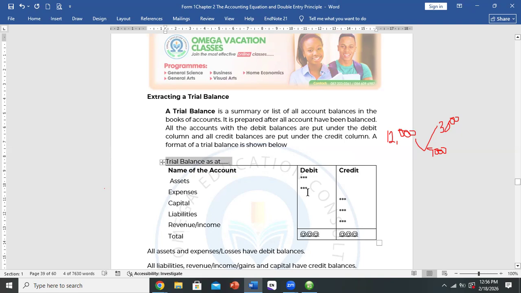If it's creditors, you put creditors and the balance you have on that account, you put it at the right column. At the end of the day, you sum all the debits and sum all the credits, and that's where the majority of students will begin to struggle. Your debits should be equal to your credits. That's the total. If it's not equal, it means you have made a mistake.